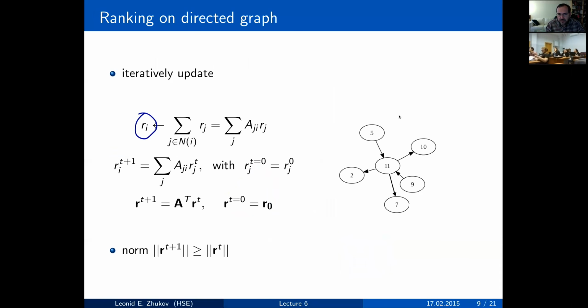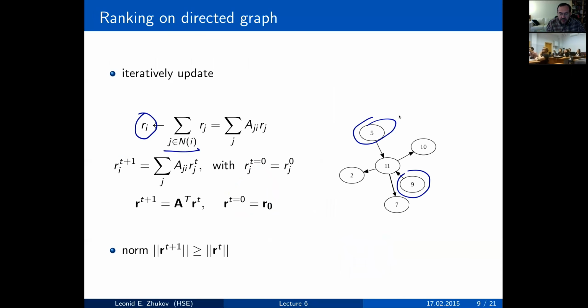Well, we will calculate the rank of that node as a sum of the ranks of its neighboring nodes, but only those that are pointing to node 11. So that's where it's important that the graph is directed. Okay, so nodes 2, 10, and 7 do not endorse node 11. It's nodes 5 and 9 that have edges towards node 11. And so we can say the rank of node 11 is equal to the rank of node 5 plus the rank of node 9.